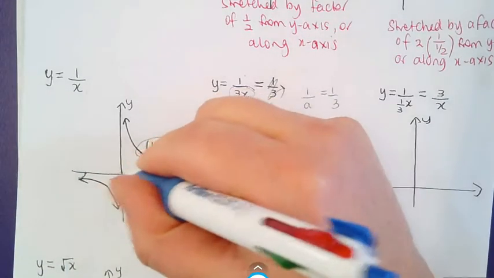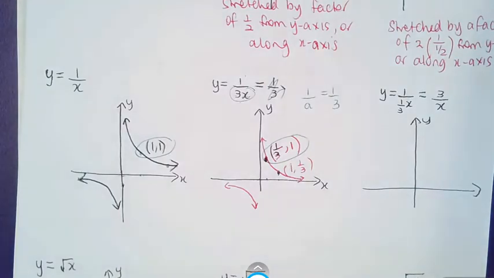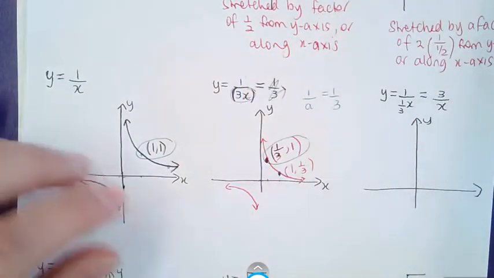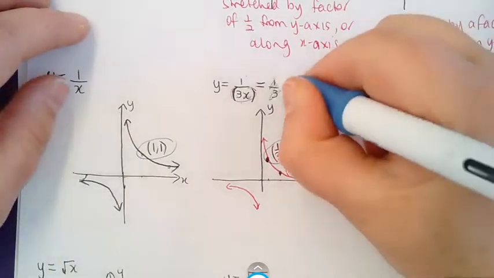Didn't it get, look, (1, 1) became (1/3, 1). The x value is 1/3 of what it was. It makes more sense if you put the denominator in brackets. Yes, very good. You have to put that denominator in brackets. Otherwise, if you pull 1/3 out the front, that becomes k times the function of x. It's different. So you don't do it like that.